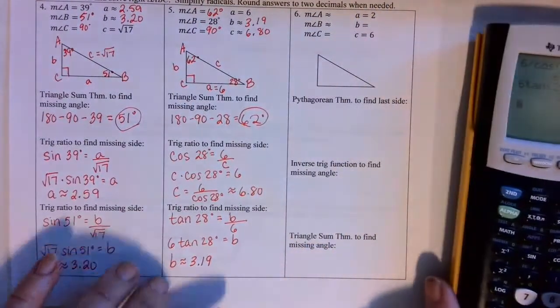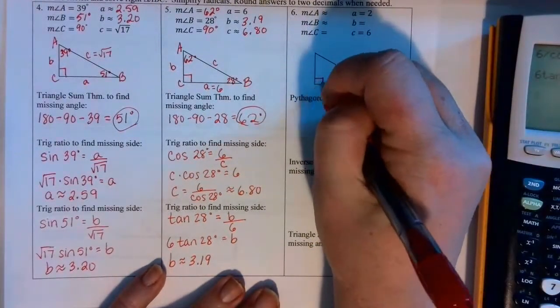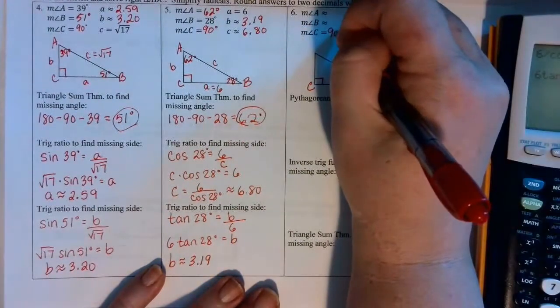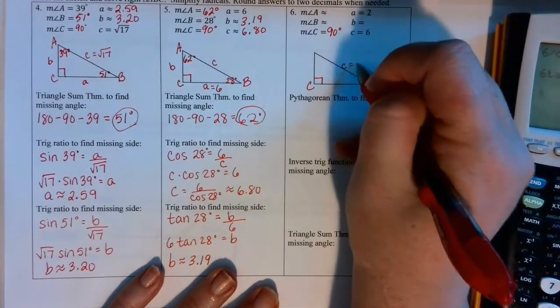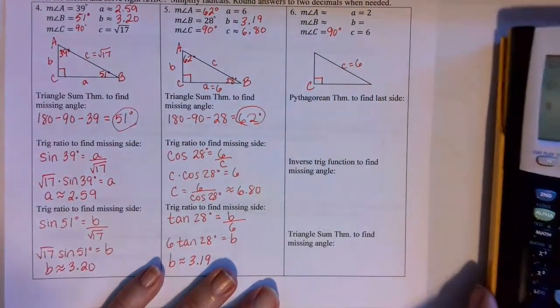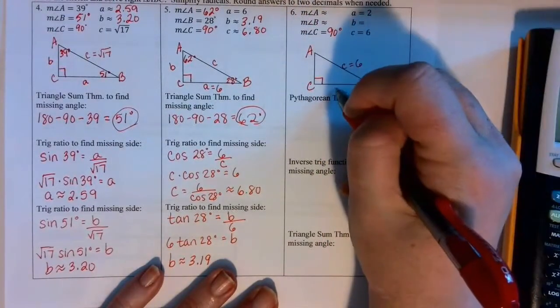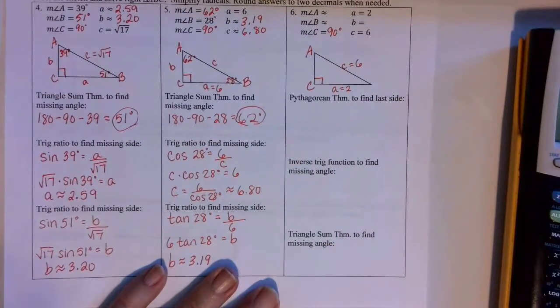Okay, then in number 6, again, our right angle is always capital C in a right triangle, so that's 90 degrees. The little letter c is the hypotenuse, that's opposite the right angle. Then angle A is opposite side A, and that's given as 2.